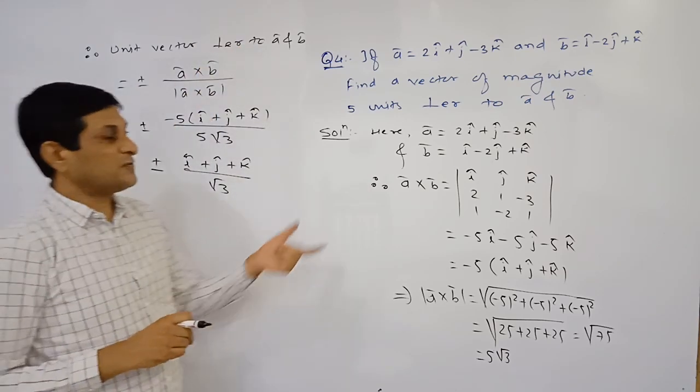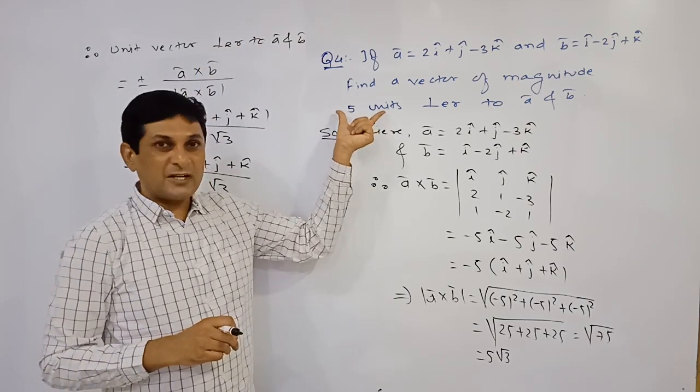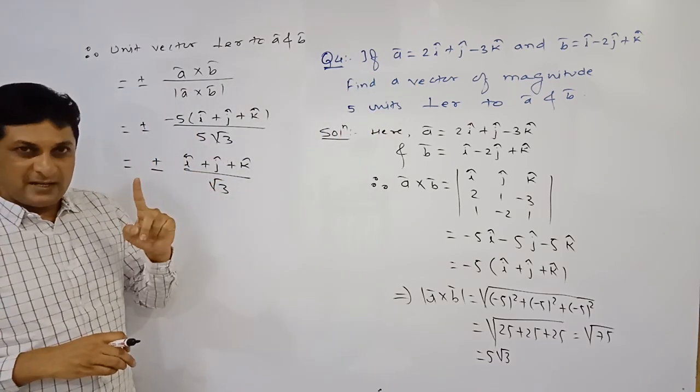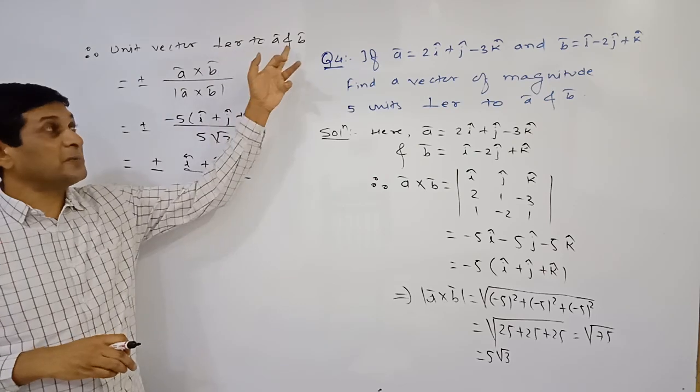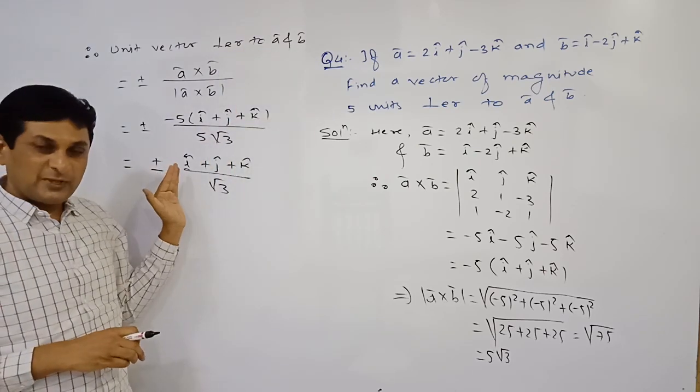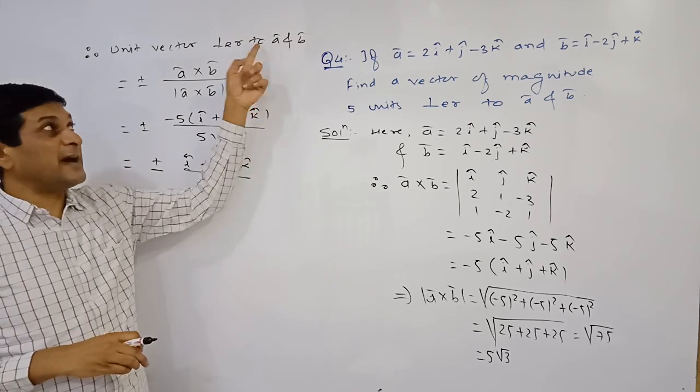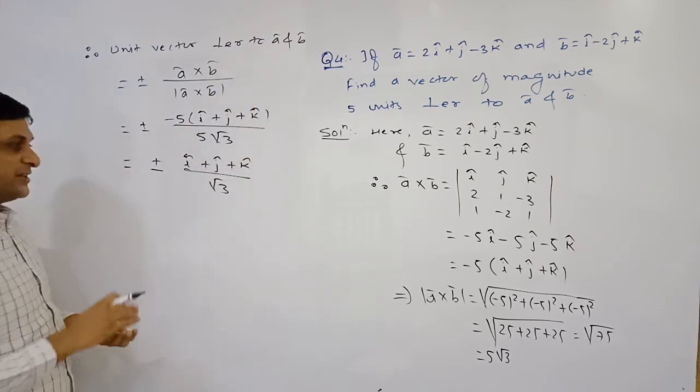But our question is to find out a vector of magnitude 5 unit. Now it is a unit vector, means its magnitude is 1, and it is a vector perpendicular to a bar and b bar. If we multiply it by 5, we will get a new vector perpendicular to a bar and b bar and of magnitude 5 units.